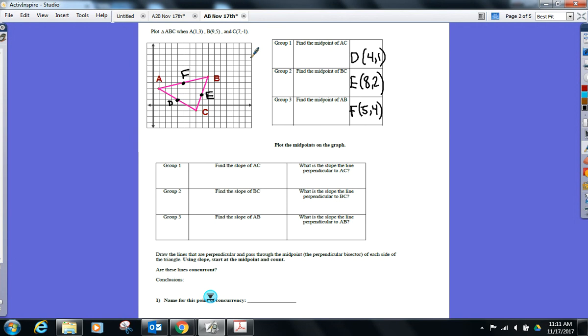Group 1, you still got AC, so find the slope of AC and the slope of a line that would be perpendicular to it. Group 2, you guys still have BC. Group 3, you still have AB. If you want to use rise over run or the slope formula, that's up to you. Another minute. Find the slope and the slope of a line perpendicular to it.